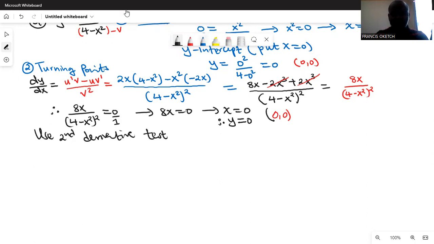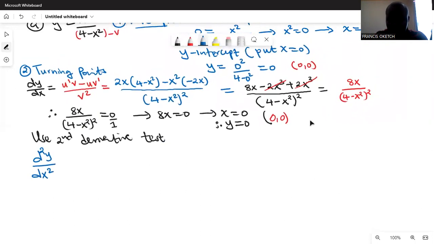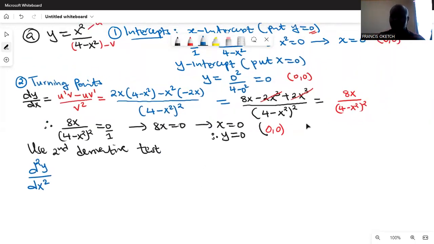So I'm going to write d squared y over dx squared. Remember, second derivative is derivative of the first derivative. So the answer we got in the first derivative, that was 8x over 4 minus x squared, and that is squared. Again, use another quotient rule.